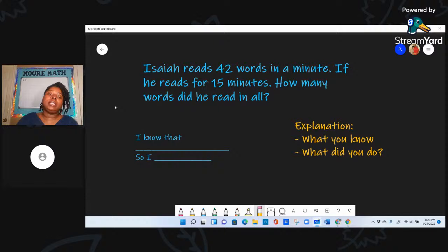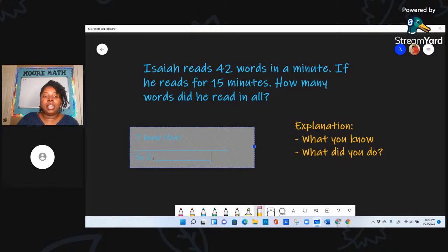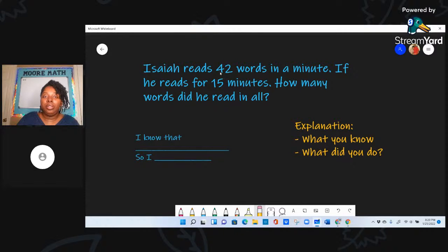No, that goes in with the second sentence. You would say, so I subtracted. But in the first sentence, you tell us the important information from the sentence. So look at the first sentence. What did the first sentence tell us in the word problem?